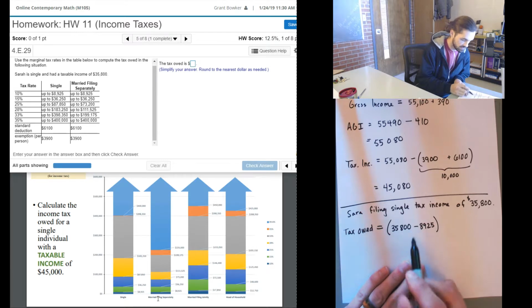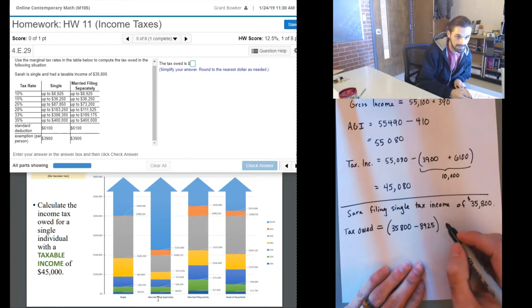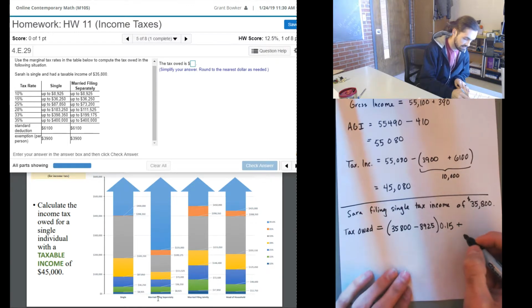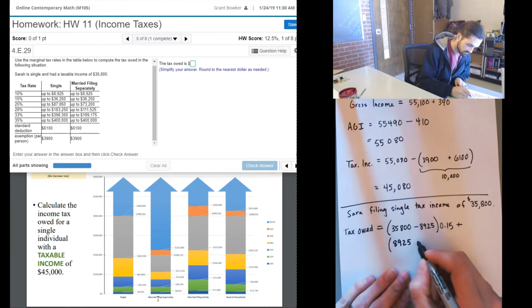In that chunk of money, anything that sits in between that 35,800 and 89.25 is going to get taxed at the rate of 15%. And then we also need to add in the amount of money that's going to come from the 10% bracket, and that's everything between 89.25 and $0.